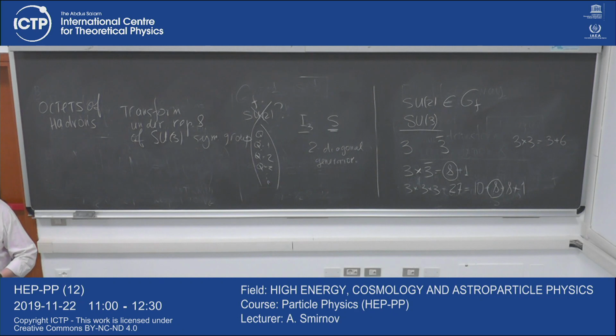So everything was nice with isospin because the particles within the multiplets have almost the same masses, with some small violation because of electromagnetic interactions. Here, violation is much stronger. Okay.